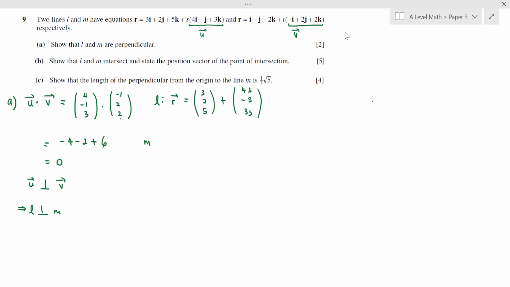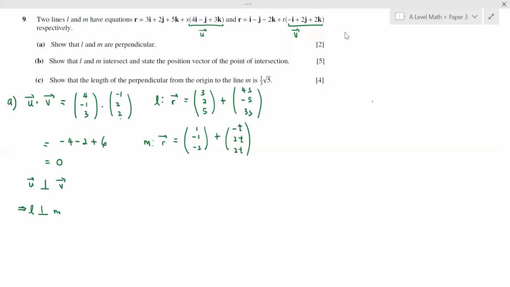Line M can be written in component form as (1, -1, -2) plus (-t, 2t, 2t). If they intersect, then we can equate both of them.